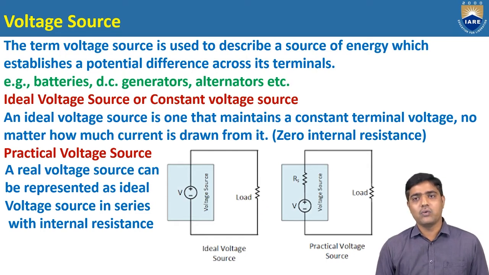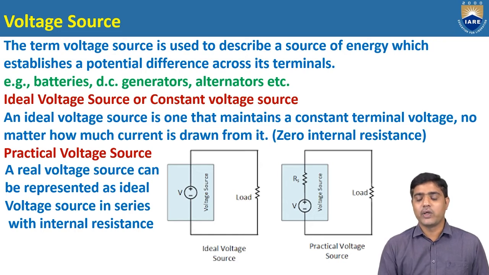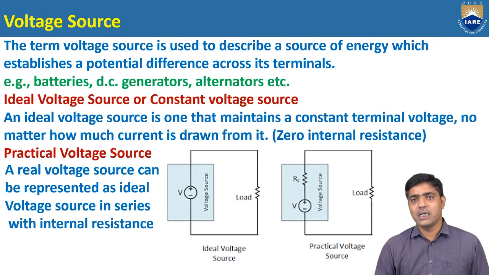If you connect one voltage source here, because of the potential difference between the positive and negative terminals, the electric current is going to flow through the load resistor R. That means whenever you connect a voltage source, there will be positive and negative terminals for it, and because of the potential difference between these two terminals, electric current is going to flow through whatever circuit the voltage source is connected to.